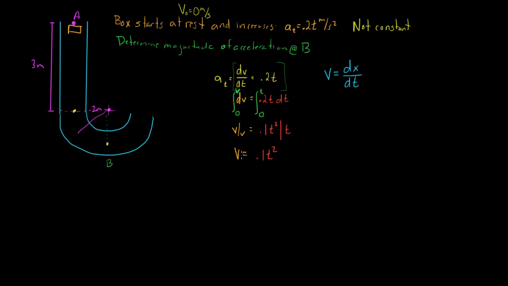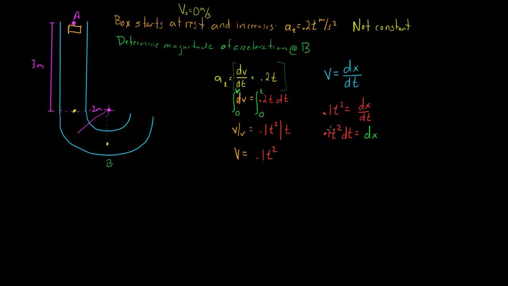So if we substitute our v in, we get 0.1 t squared is equal to dx dt. Again, we want to separate and integrate. So we have 0.1 t squared times dt is equal to dx.